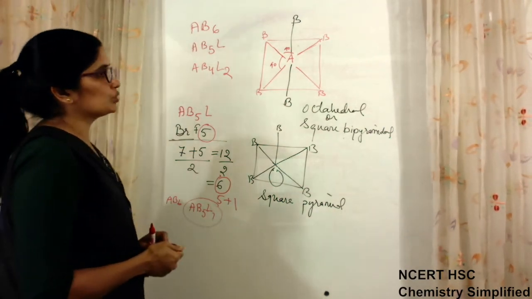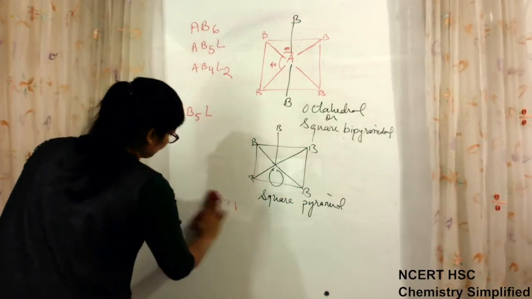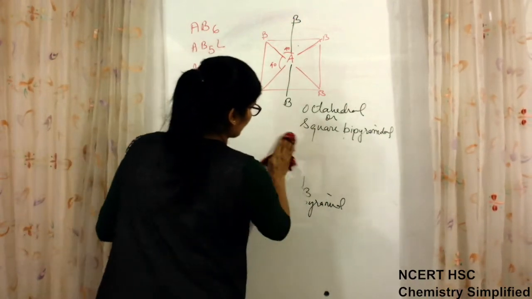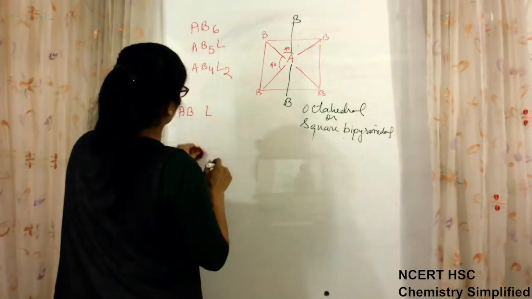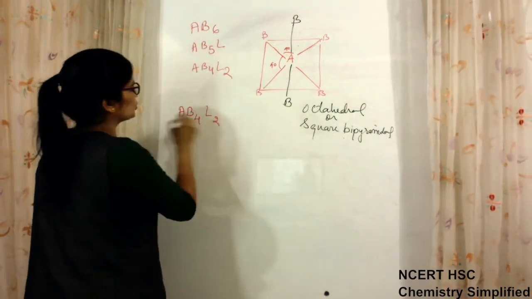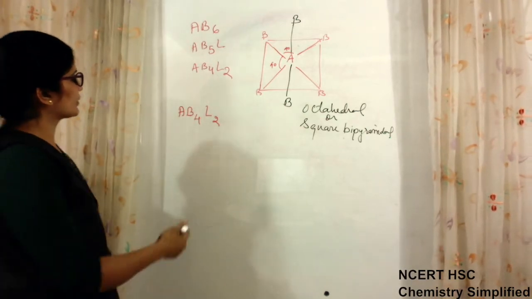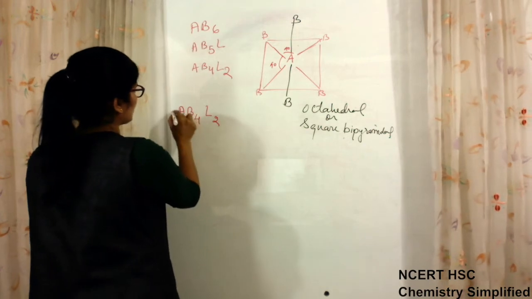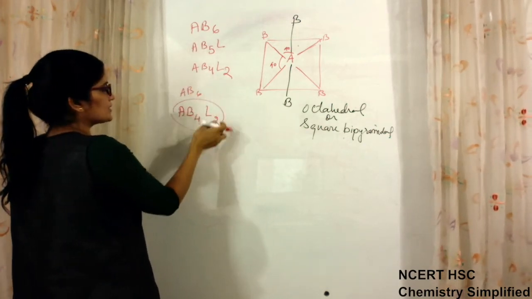Then we come to the last type, that is AB4L2. AB4L2 is equivalent to AB6 if these lone pairs are also bond pairs.